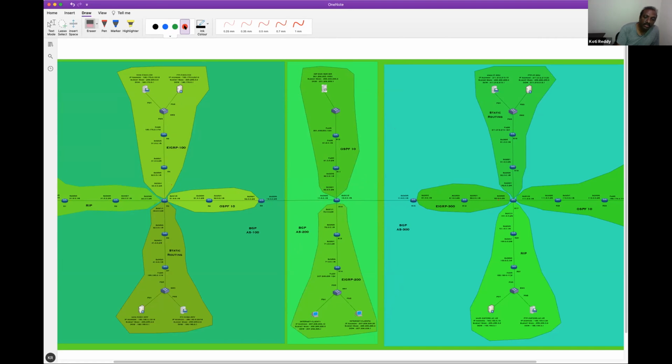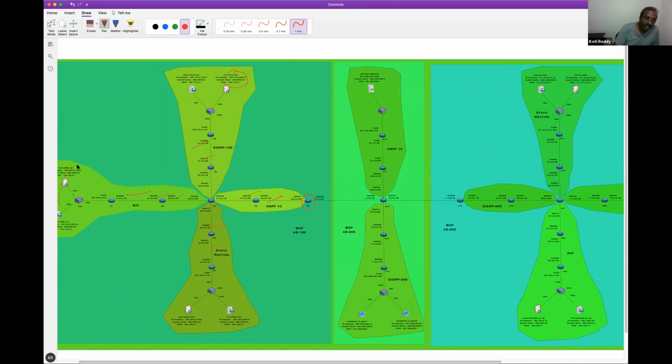Now, once all the routes have come here, if I go to R9, the border router, I should see all the 20 series routes, the 30 series routes, the 40 series routes, and also 50 series routes, and also 160, 180, 130, 140, and also 180, 190. I should see these on the R9 router.